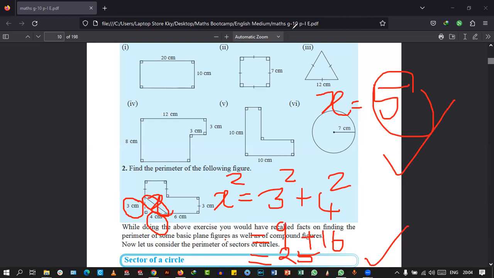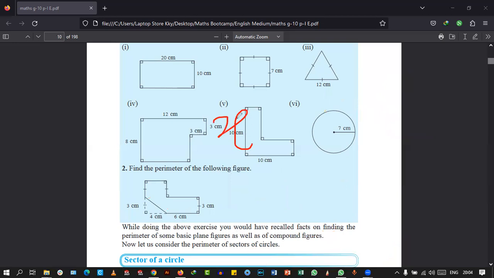Or you can do it this way. If you write X on the left side, then you have to write the square root of 3 square plus 4 square, right?